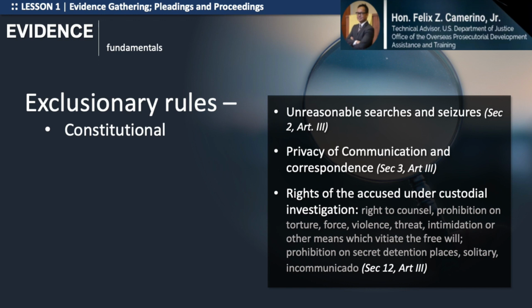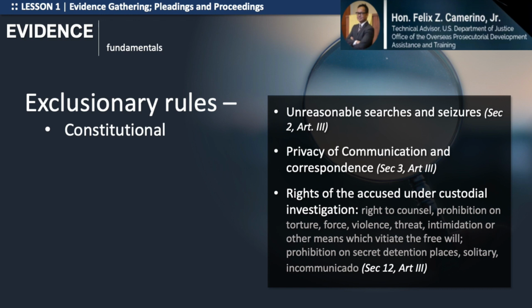So anyway, there are a number of provisions under the Bill of Rights where we find instances where certain evidence might be excluded. I've started with the first one, the unreasonable searches and seizure. If, for example, evidence is acquired without a warrant, no search warrant, that would be excluded.